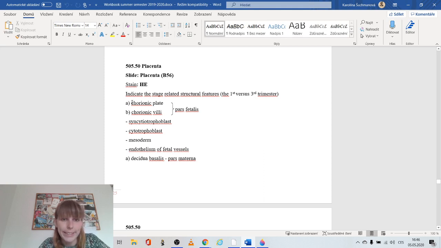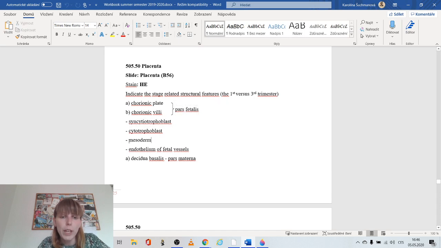And so now we will go to histology guide and take a look at the whole placenta slide, and we should be able to find the chorionic plate and the villi coming from it. So this will be the fetal part of placenta. And on the villi, we should be able to see the syncytiotrophoblast and cytotrophoblast. If it's the first trimester, if it's the third, we will only see the syncytiotrophoblast.